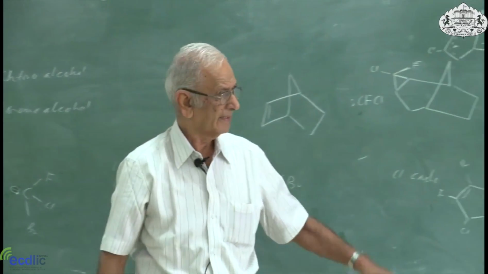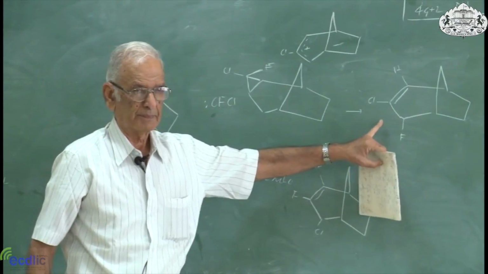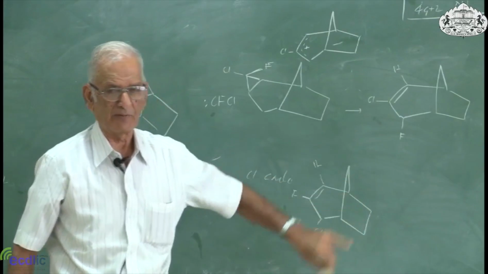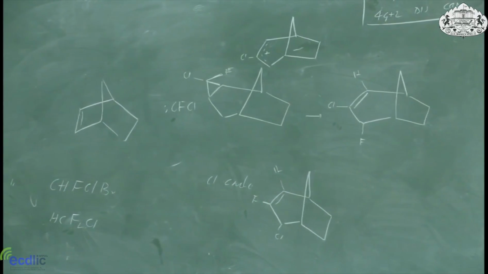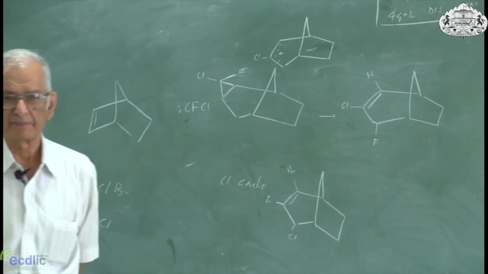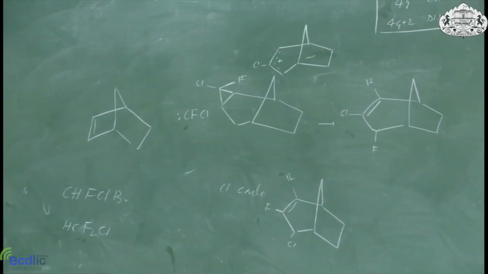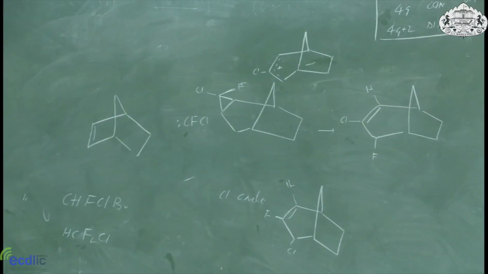I look at the proton NMR of this compound, what will I see? I look at the proton NMR of this compound. Yes? Yes. Fluorine has spin equal to 1/2.